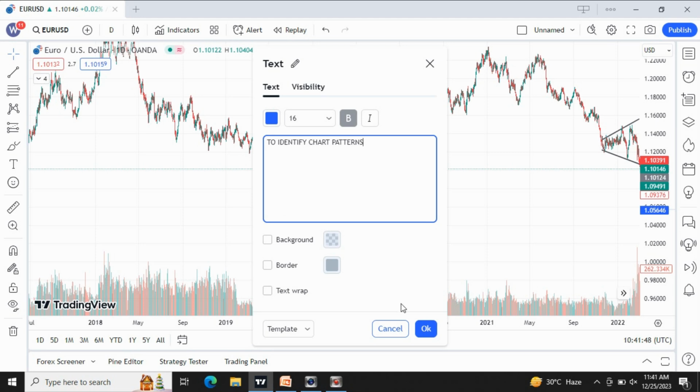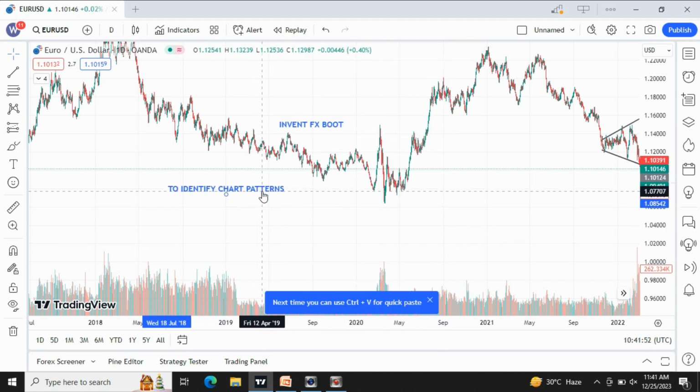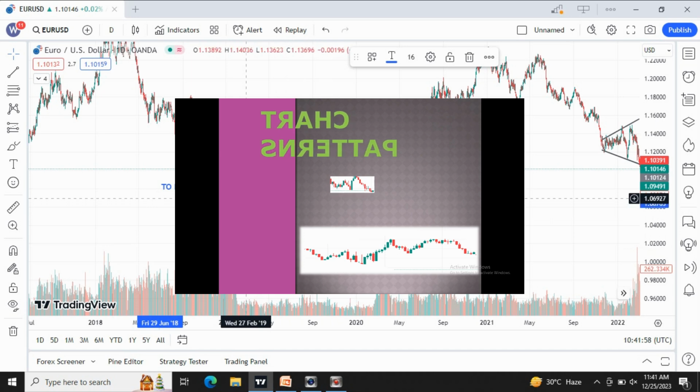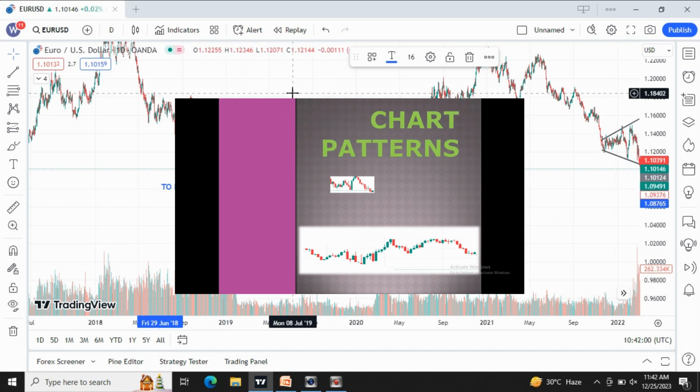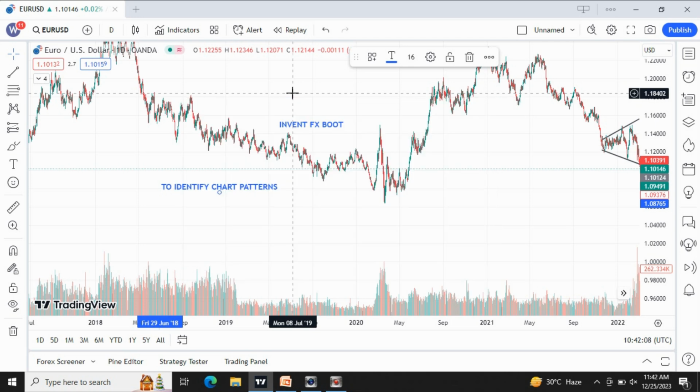There are so many things that can look like chart patterns, but they are not chart patterns. They may mislead you, and you know what that can lead to. It can lead to great losses, and it can destroy your capital in the foreign exchange market.